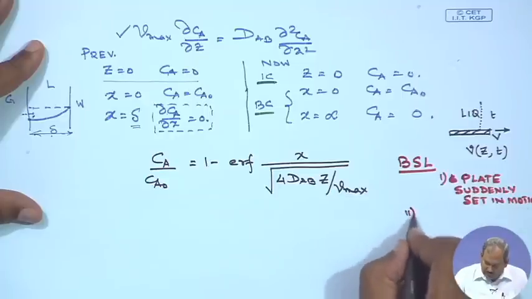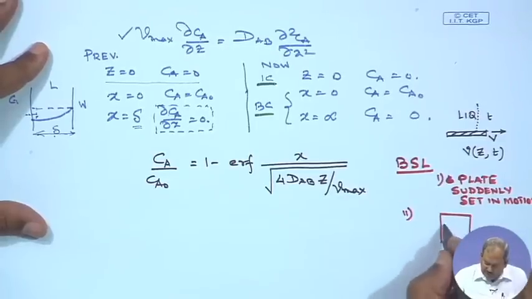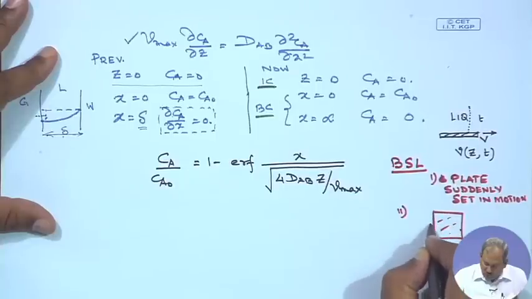The second could be when you have, let us say, a solid object, the temperature is initially uniform, and at time t equal to 0, one of the boundary temperatures is changed to a new value.